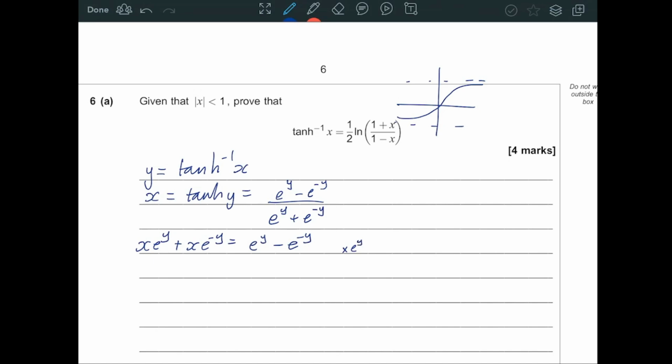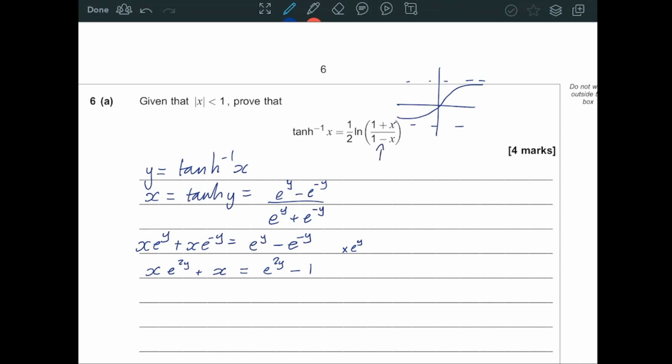to the y. So I've got an x, e to the 2y plus x here, and e to the 2y minus 1 there. And it's actually a very nice quadratic because there's no e to the y term.